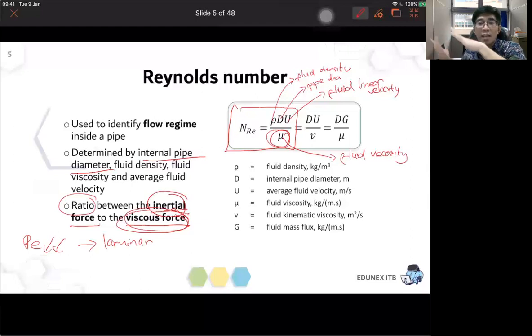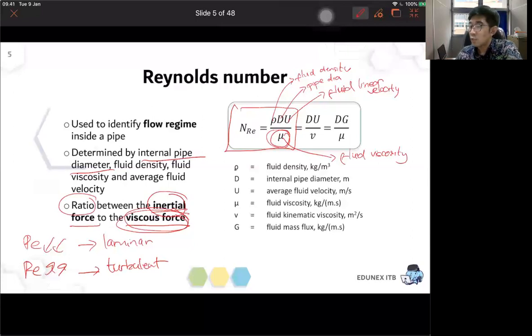Ada gaya yang menahan aliran fluidanya sehingga mengalirnya teratur, layer by layer. But if the Reynolds number is high, it means the inertial force is more significant than the viscous force. It will become turbulent. Menjadi tidak teratur alirannya. Kecepatannya tinggi, alirannya tidak teratur. Gaya yang menahan itu sudah tidak signifikan. Fluidanya larinya kemana-mana, seperti itu.